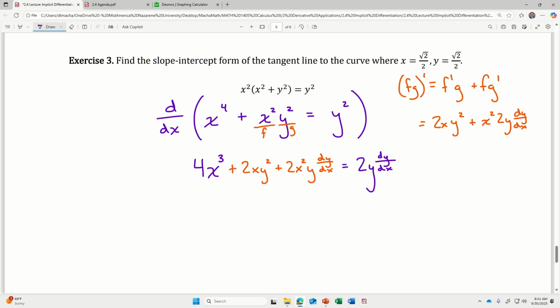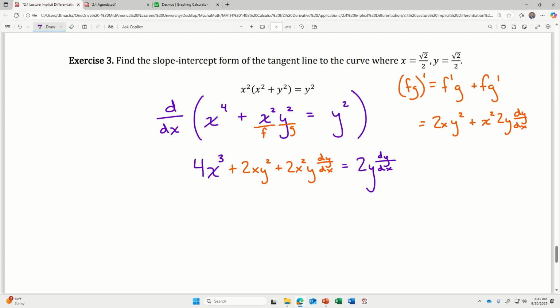We do not put a dy dx on that term because we haven't taken the derivative of y. For the next one, we say plus x squared times g prime. So we're talking now about the derivative of y squared, which is 2 times y times dy dx, because we got to use the chain rule. We got to multiply it by the derivative of the inside function. And the inside function there is y. The derivative of y is dy dx. Make sense?